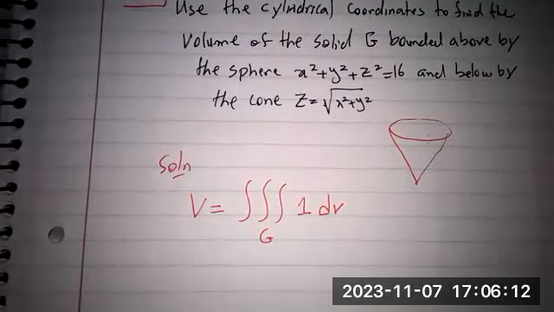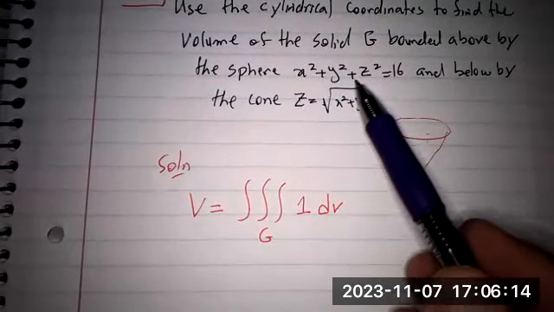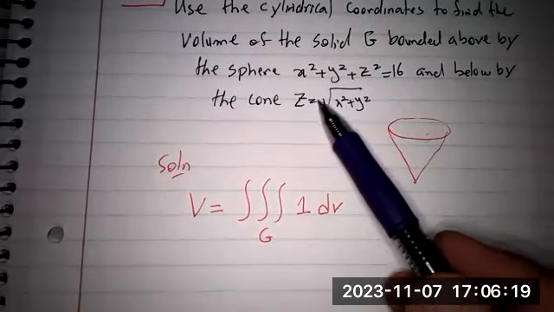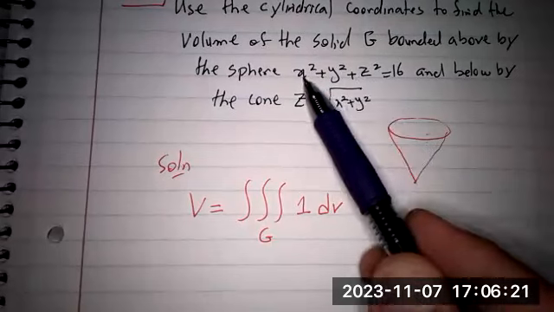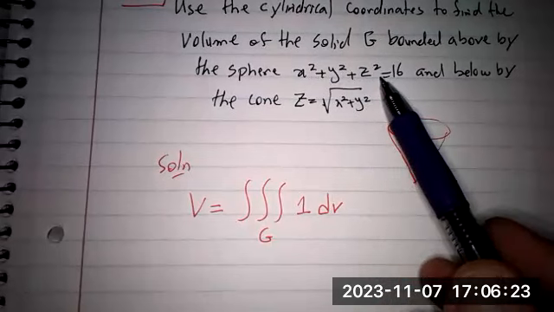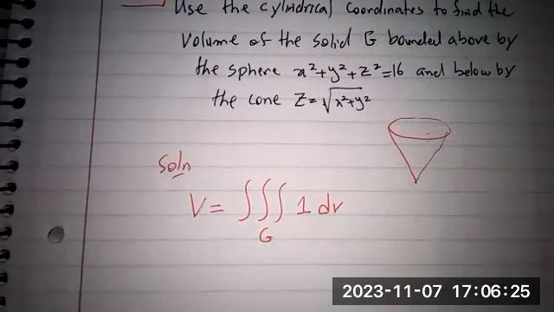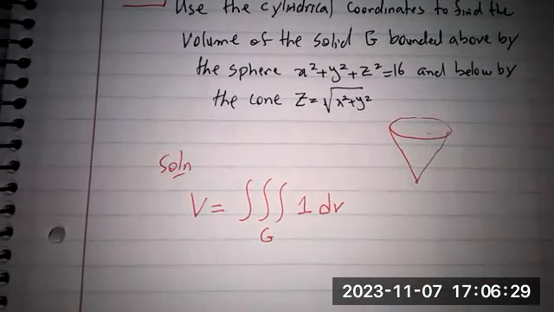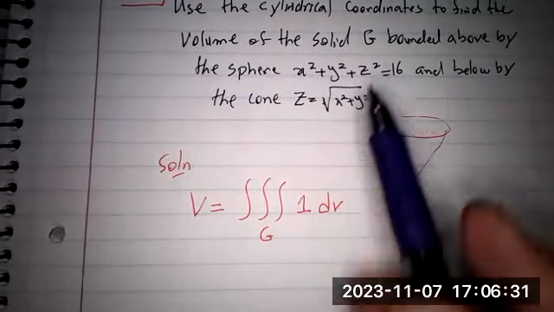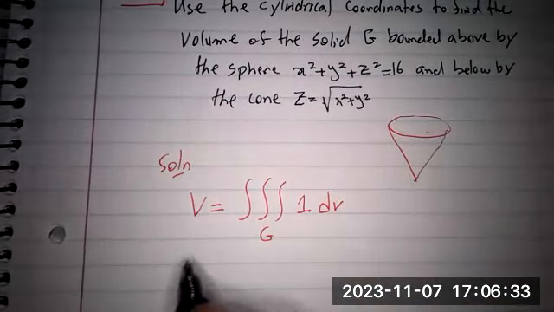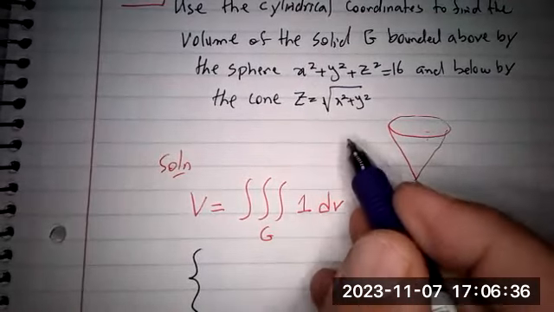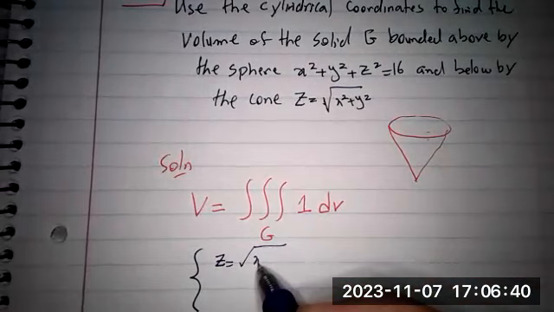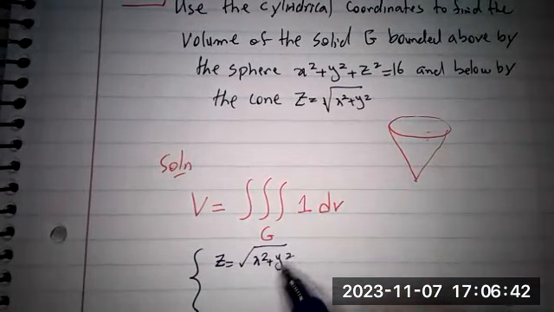In order to get z, you have to solve for z to get it between two expressions. Below, it's going to be the cone, z equals the square root of x squared plus y squared.